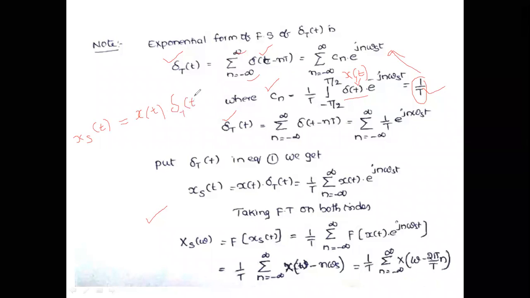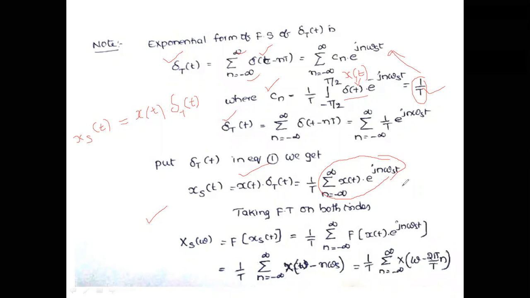This we have already seen in the case of the sampler. So xs of t is equal to this. Now simply substitute delta_T equal to 1 by T into this entire summation. You can take this 1 by capital T outside the summation because it is completely independent of the summation limits, and take x of t inside the summation, so x of t is multiplied by exponential e power j n omega s t.